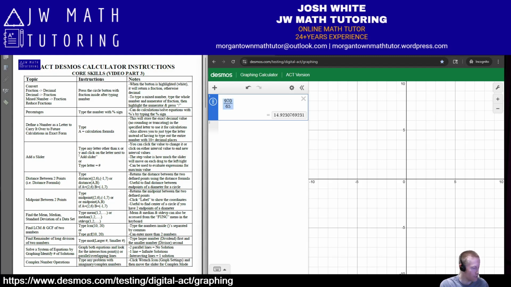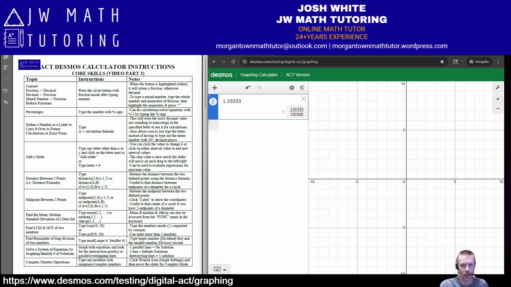Now, one thing I just want to mention. Say that you have a number. For example, right here, say you have this number. Maybe you're solving a system of equations, and this is the x value of the coordinate. And you type this. Notice when I click this, it gives me a random gigantic fraction.